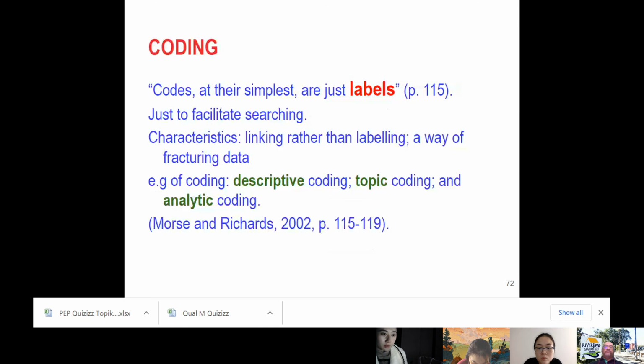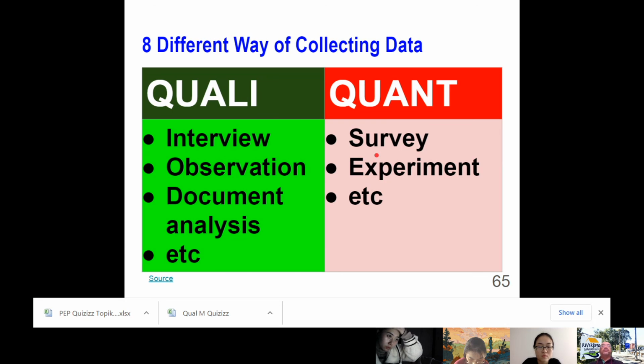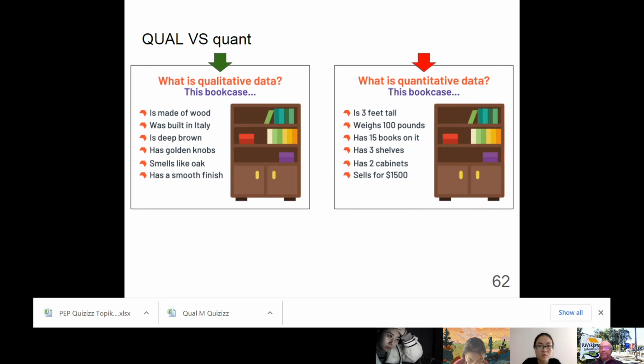Okay, wait a minute. Okay, the next page is how you analyze the data. So there are differences. All right, so we have this.